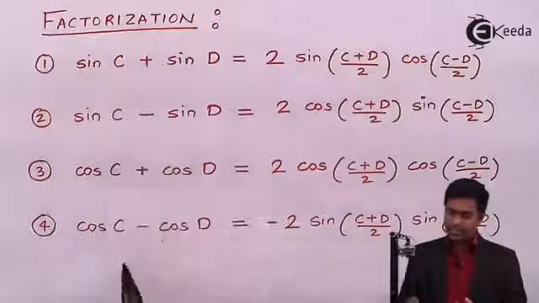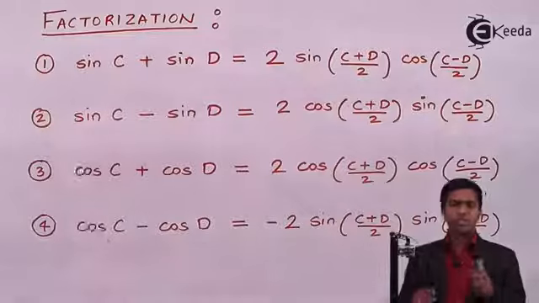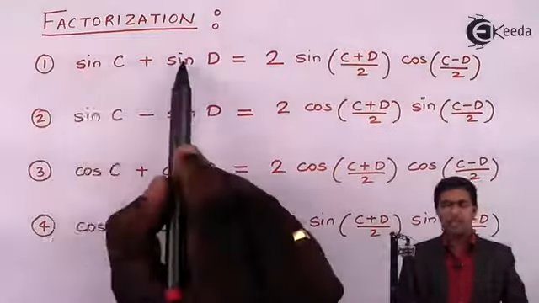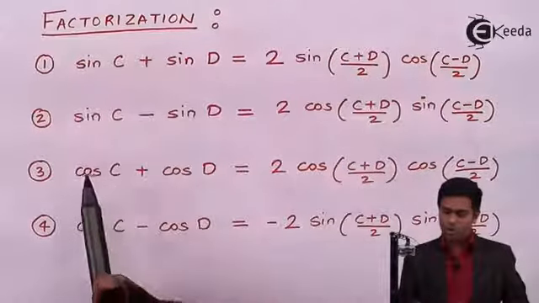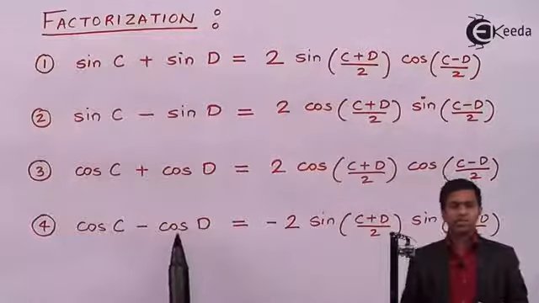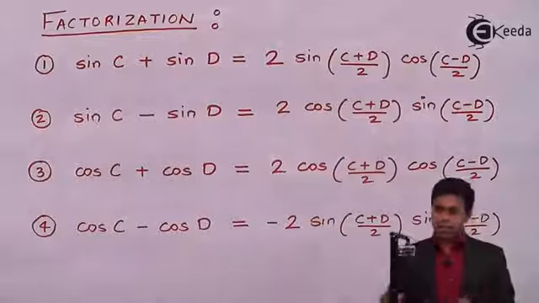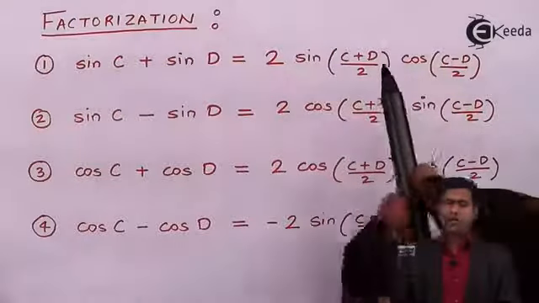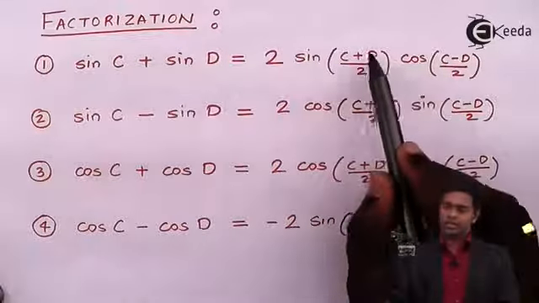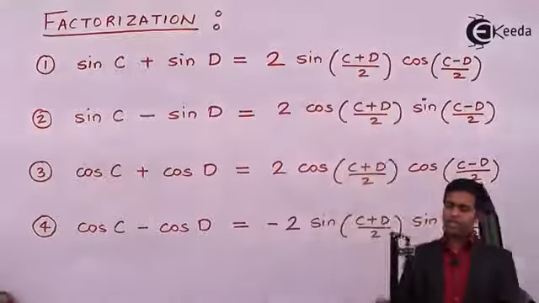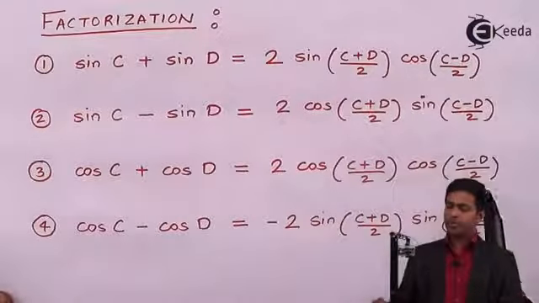So sin cos is changing. Just remember that it is sin plus sin, or sin minus sin, or cos plus cos, or cos minus cos, because angles are same. Similarly, on the right hand side we have the bracket similar, that is C plus D by 2 everywhere, and the second bracket has C minus D by 2 everywhere.